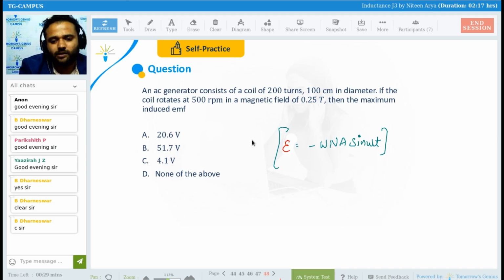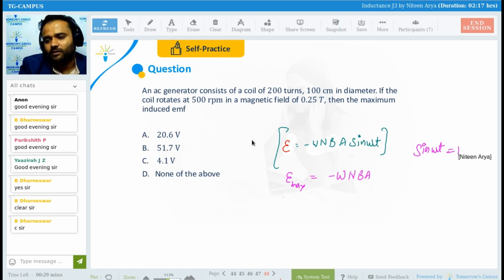Yeah, minus omega nba sin omega t. So to get the maximum, this E max is omega nba, because sin omega t is 1 at omega t equals pi by 2.